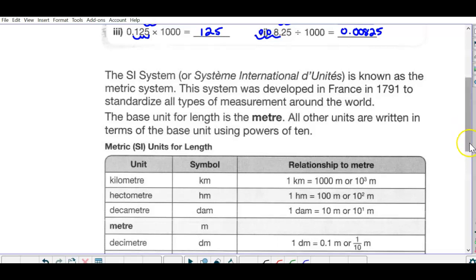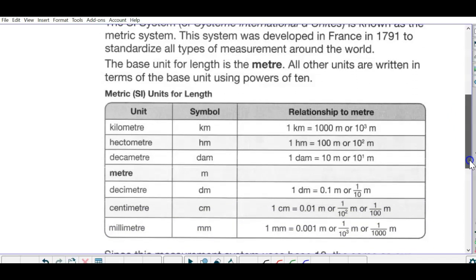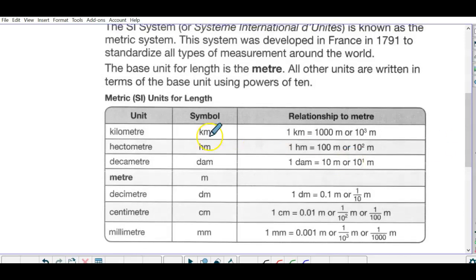But metric is actually a lot easier because it deals with powers of 10 and decimals. So here are all of the units of linear measurement, the units of length for metric. The most common are kilometer, you can say it either way, which we use when driving.